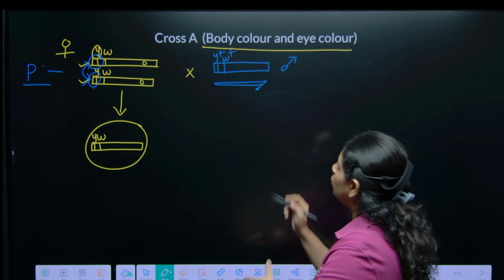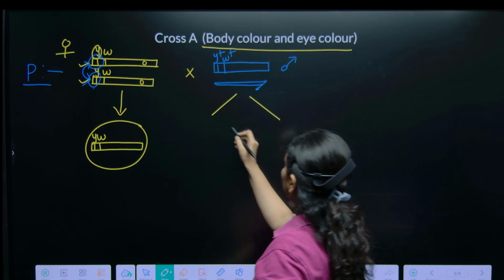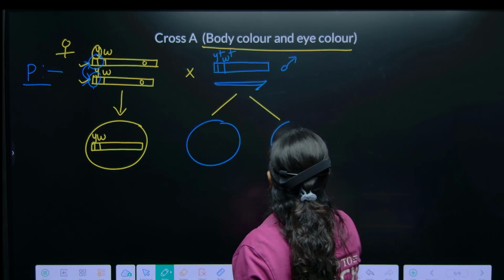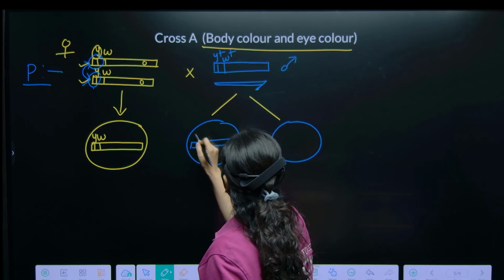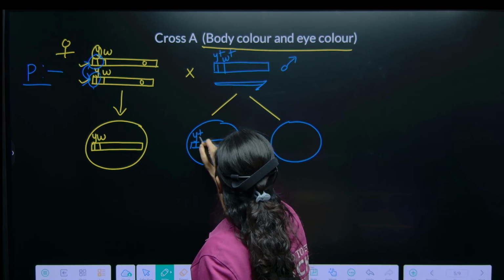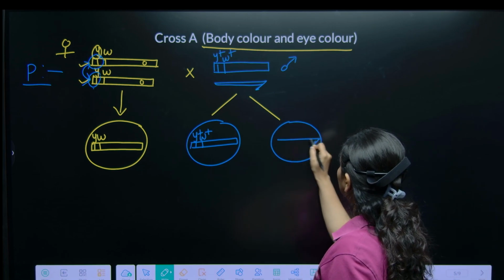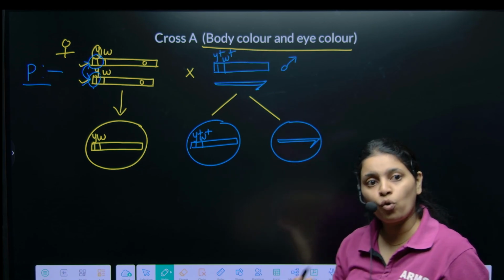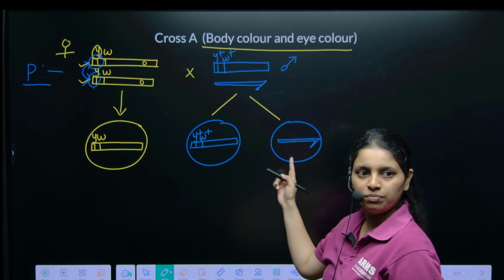So let's write the two types of gametes. What are these two types? One with the X chromosome, so we have Y plus, W plus, and the other 50% with Y chromosome, okay? See, X chromosome and Y chromosome, right?